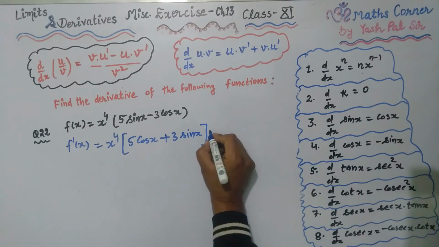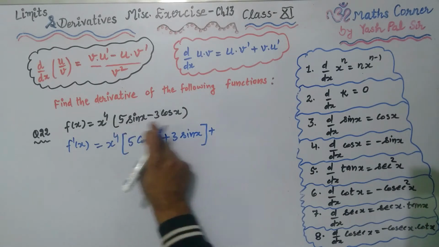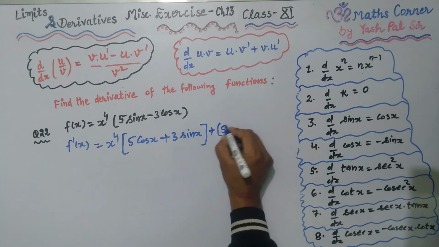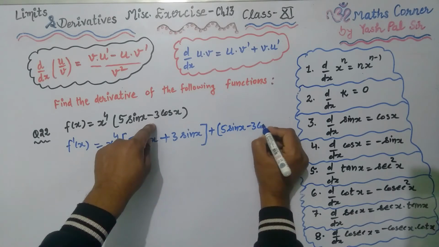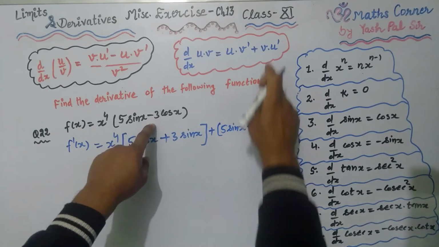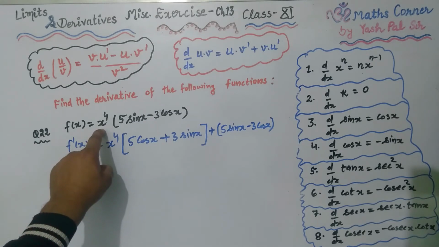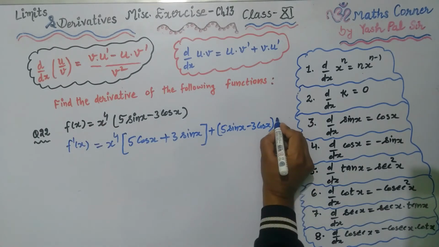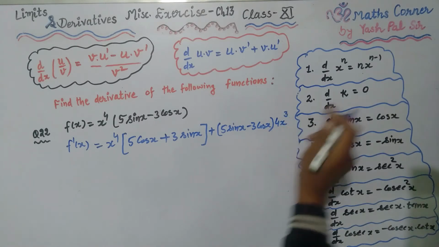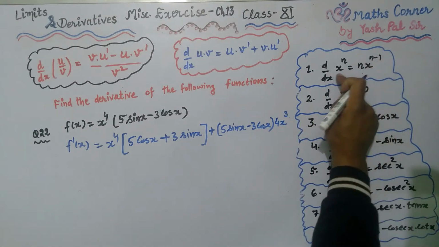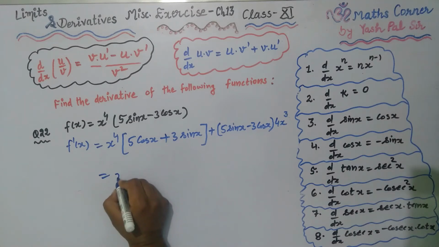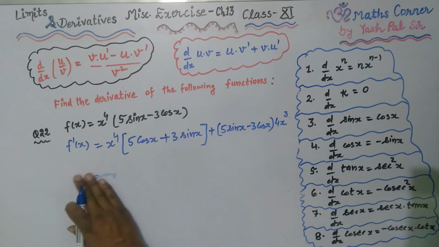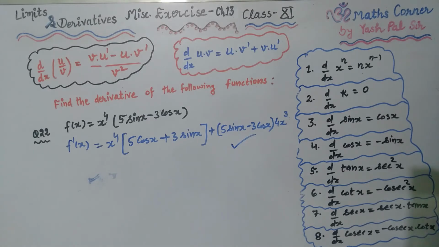Next is plus v, this function as it is, 5 sin x minus 3 cos x, into u dash, meaning derivative of x raised to power 4, which is 4 into x raised to power 3, n into x power n minus 1. So this is the final answer to the question.